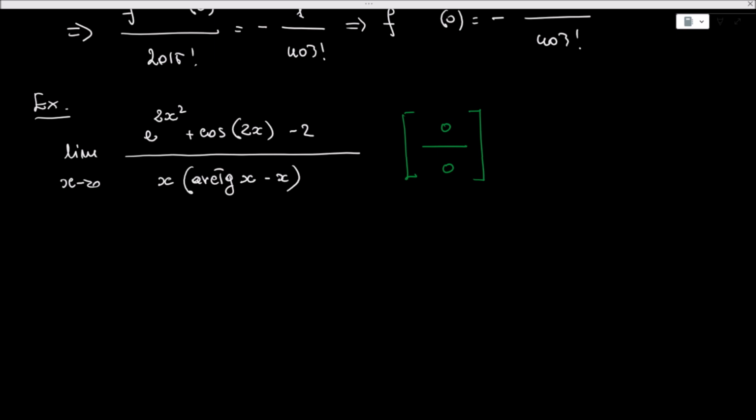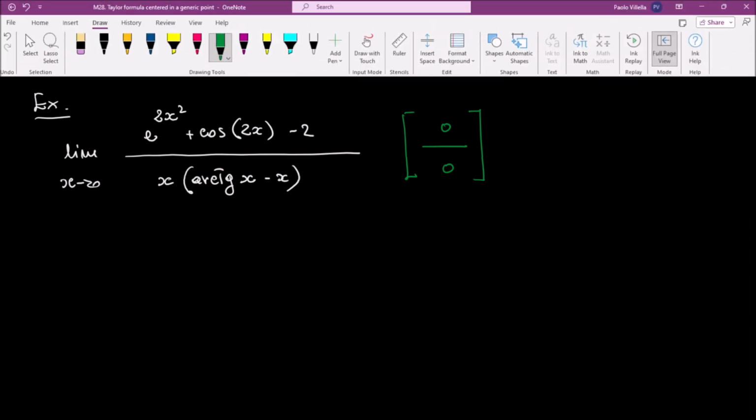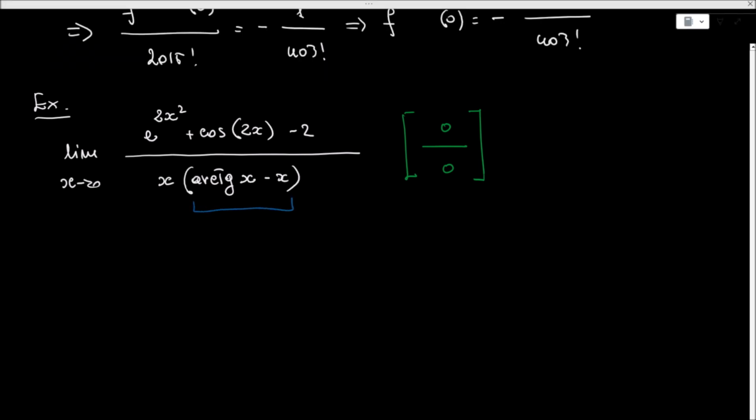But if we look at the denominator, we immediately recognize that if we attempt an expansion of the denominator, of course x will remain what it is. For the arctangent of x, we would replace it with x minus x to the cube divided by 3 factorial. There might be additional terms, and then we have minus x.